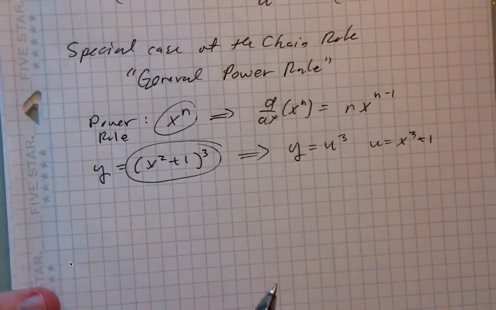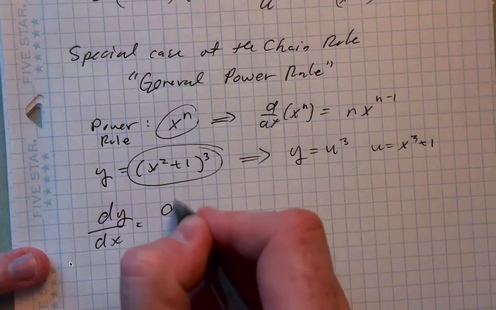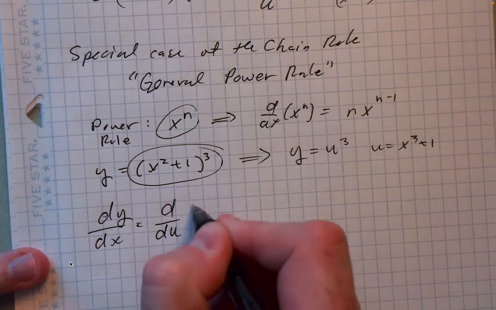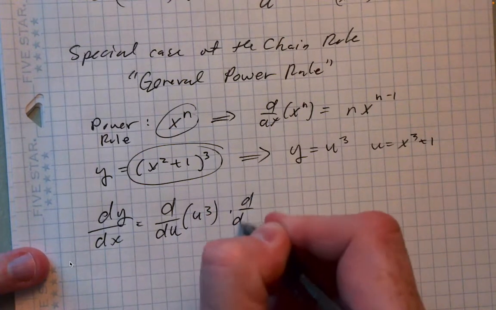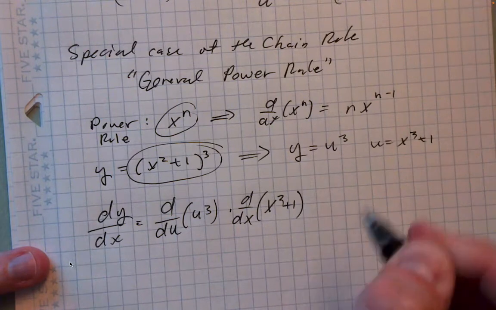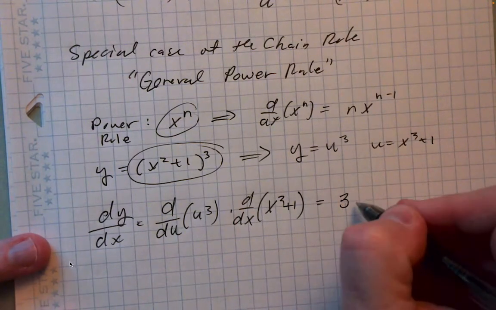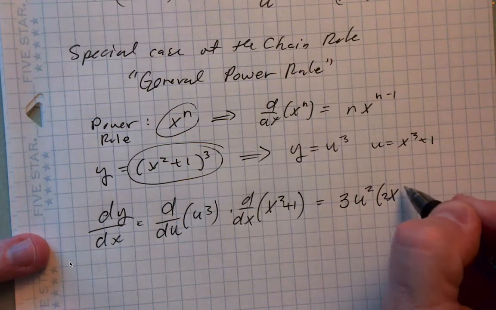We could easily differentiate this to get dy dx equals d du of u cubed times d dx of x cubed plus 1. Right, then you would see that this is 3u squared times 2x, or 3x squared.